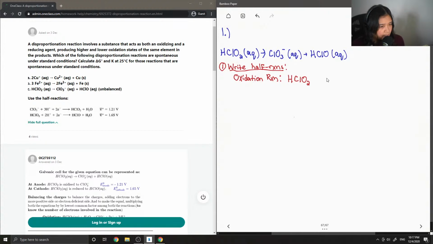So the chlorous acid making chlorate is the oxidation reaction. And then for the reduction, it is the chlorous acid making the hypochlorous acid.